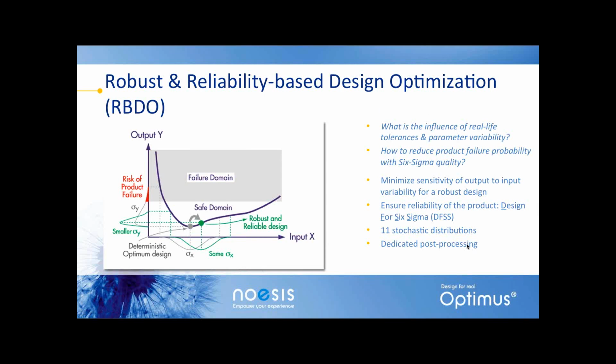Most engineering problems are actually not deterministic, but stochastic. There's some probability, there's some range of inlet conditions, for example, and these types of problems can also be handled by Optimus.